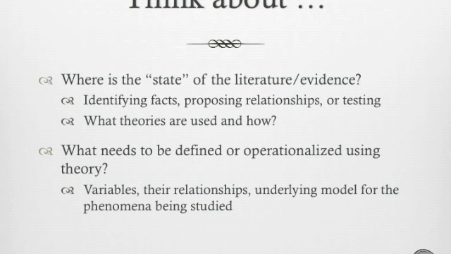It may have moved beyond that to proposing relationships or actually testing those relationships. So you should think about where the literature is, where the gaps are, and begin to understand what your questions need to do in order to advance our understanding in a particular area.